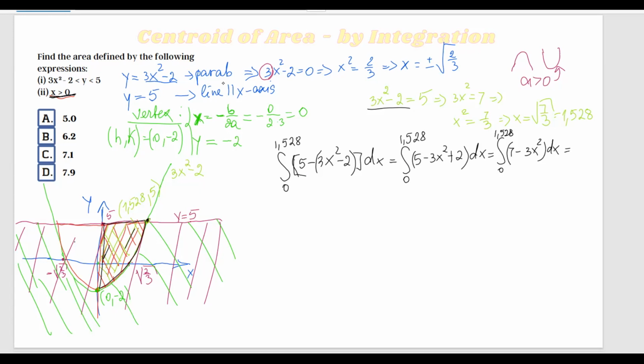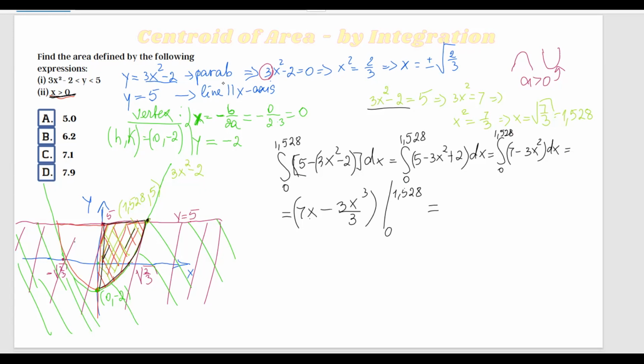Now we can solve. The integral is 7x minus 3x cubed over 3, all evaluated from 0 to 1.528. F of 0 is going to be 0.